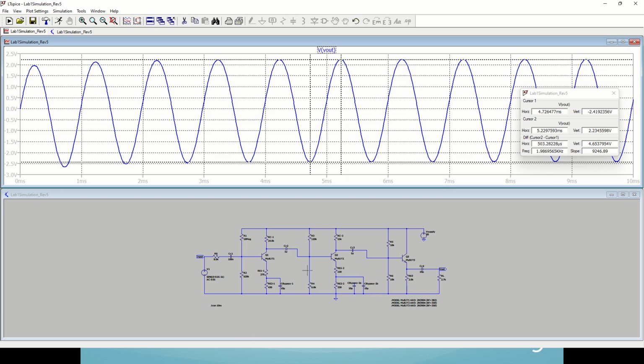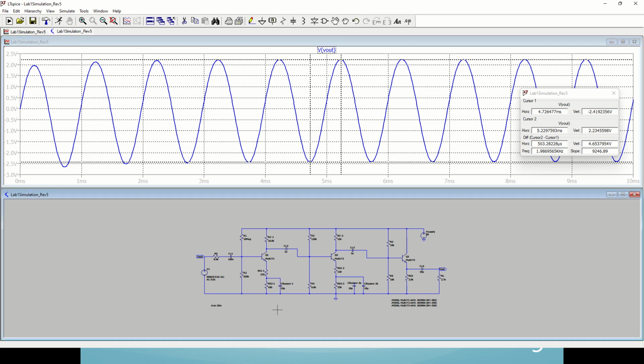So the bypass capacitors can definitely add gain because it's creating a short for your AC, and so it drops the AC signal through the bypass capacitor, which can increase the gain.